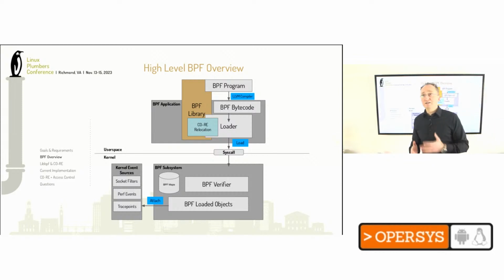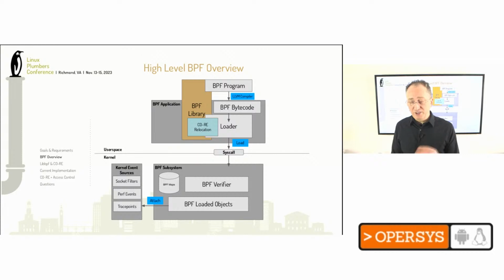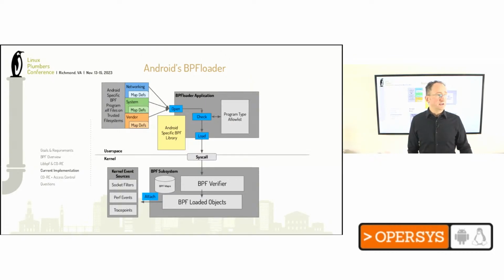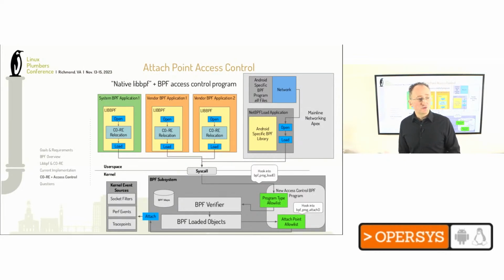And that's not sufficient for Android, so there were a bunch of different explanations about the challenges that need to be taken care of here, and about the BPF loader today with Android, how it works, which loads them up in a single shot. You can see some of those under system etc something that are being loaded up. But the idea here is to add a sort of verifier or access control point.